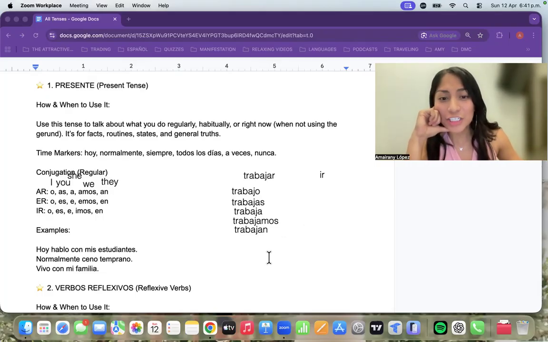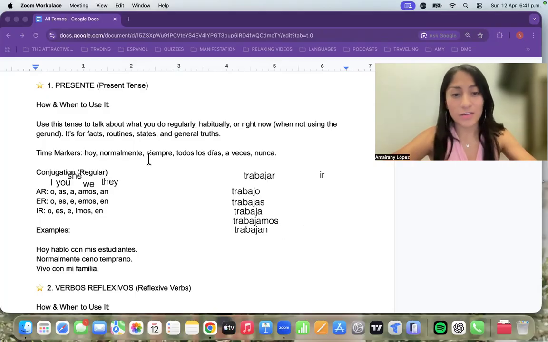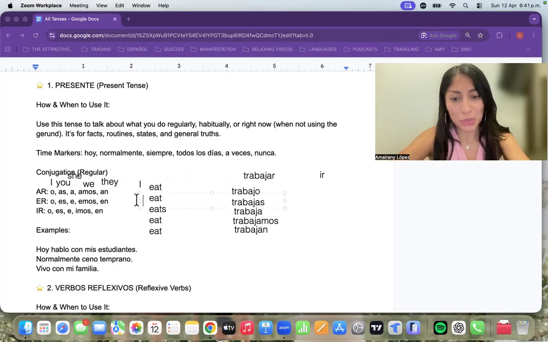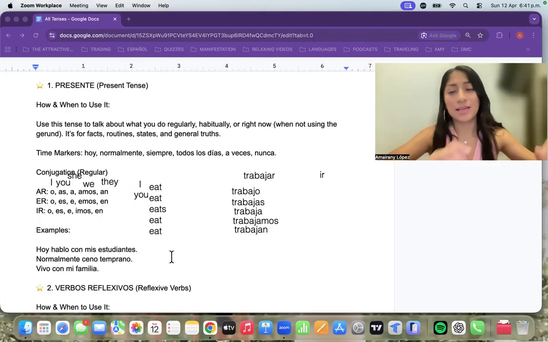Now, in English, we have, for example, a regular verb in English is eat. So I say eat, eats, eat, and eat. So you guys see that it doesn't really change much in English. So that's why in English I need to add I, you, and he, she, it, all of that, and then we, all of these different things.